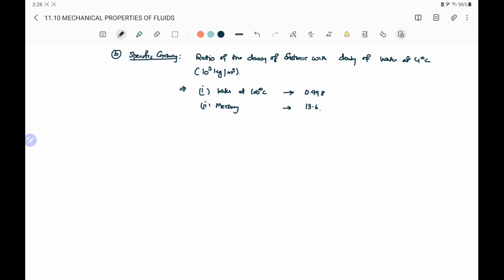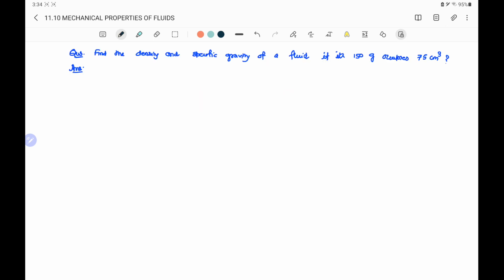Let's take one problem. Question is, find the density and the specific gravity of a fluid if its 150 gram occupies 75 centimeter cube. Given mass is 150 gram, so in SI system it will be 150 into 10 to the power minus 3 kilogram. Similarly, volume is given 75 centimeter cube and it will be in SI system 75 into 10 to the power minus 6 meter cube.